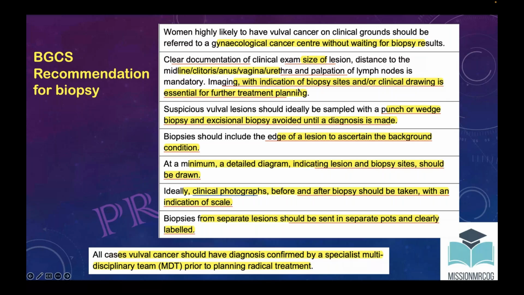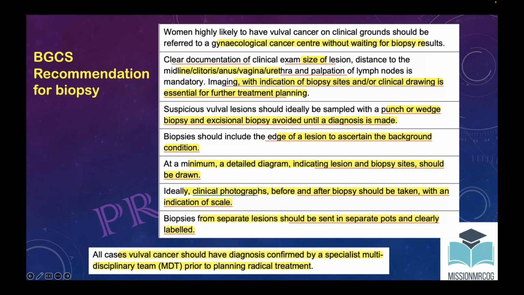So ideally there should be a drawing indicating what the lesions are and from which sites the biopsy is taken. Again, a suspicious lesion is to be sampled with a punch or wedge biopsy. Excisional biopsies are avoided. Same thing I have told you. It should be from the edge of the lesion. That also I have told you. And there should be a diagram, and clinical photos can be taken.